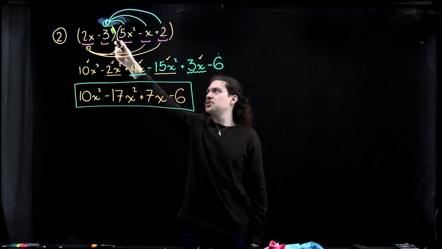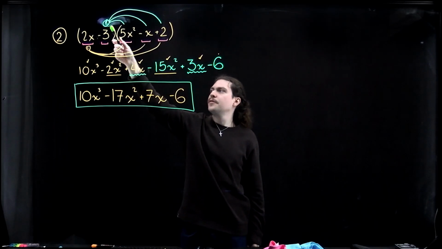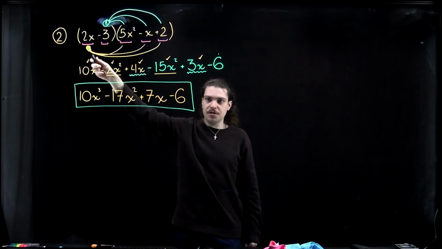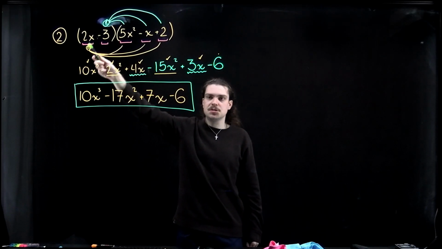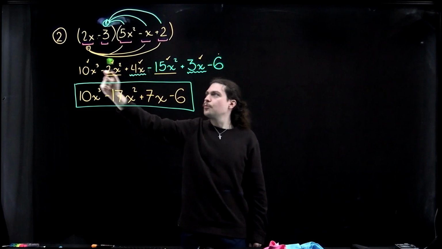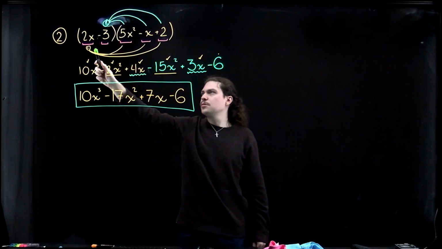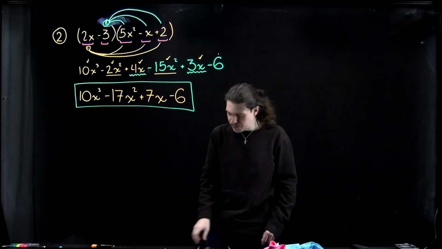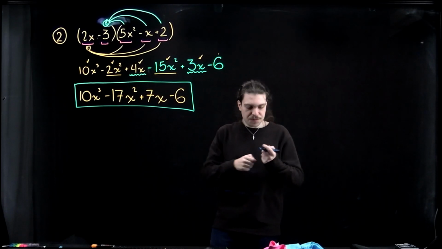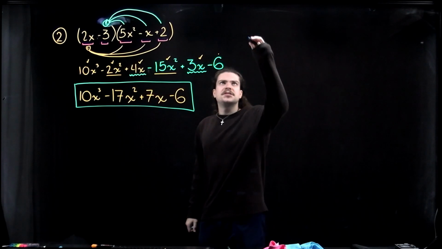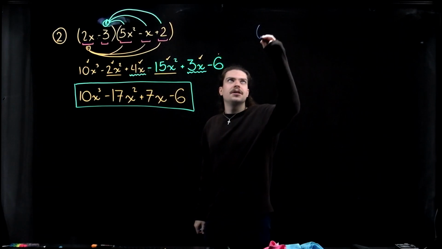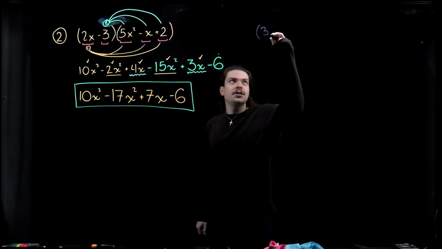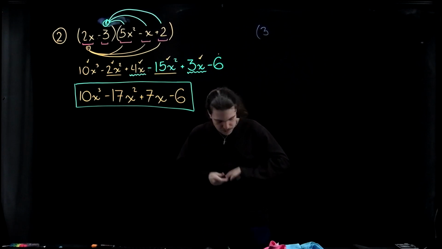And again, this idea of selecting one of these terms, one by one, start with the first one, then the second one, and go through and multiply it by each of the terms in the second polynomial, it's kind of universally applicable. For example, if I had a nasty problem that looked something like, oh, this is the bad marker.